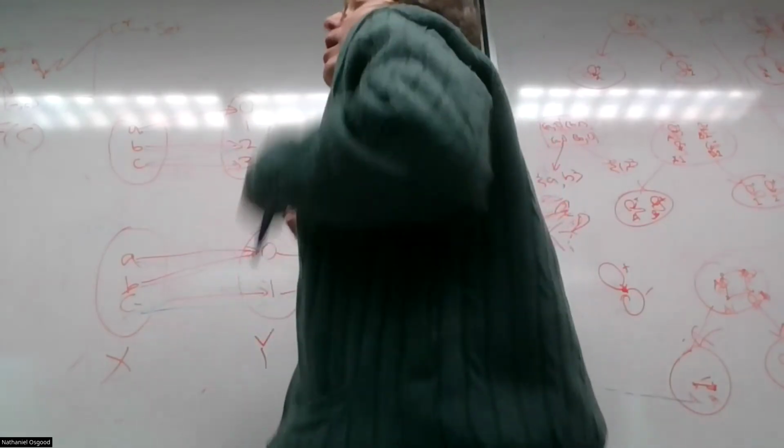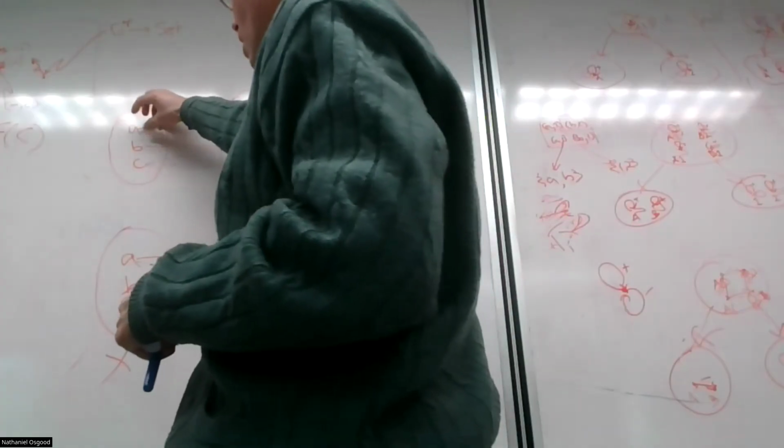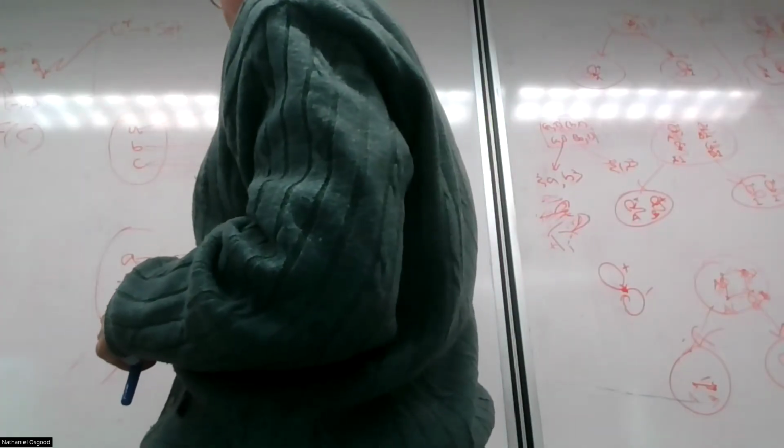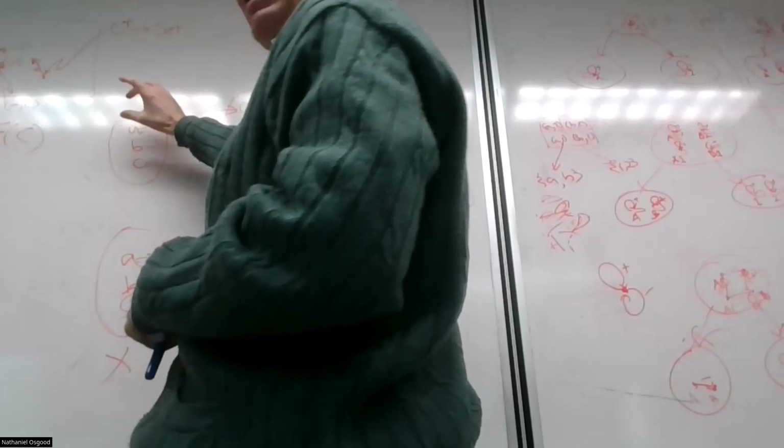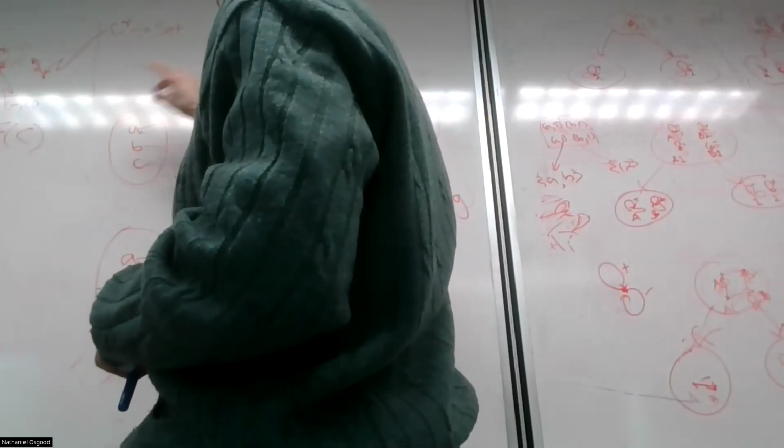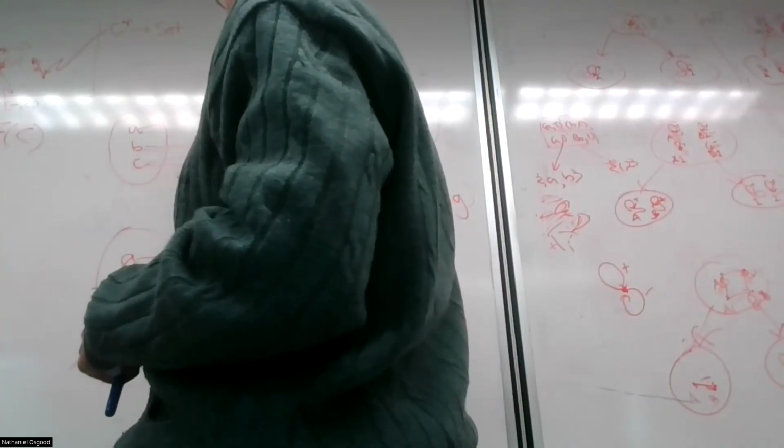Okay, so we're going to continue. We're going to consider as being in the same equivalence class any things in Y that a given element of X is mapped to by f and then by g.